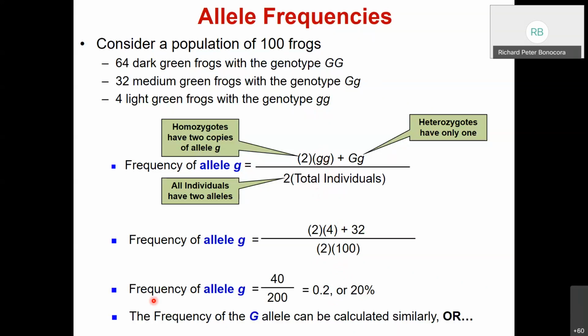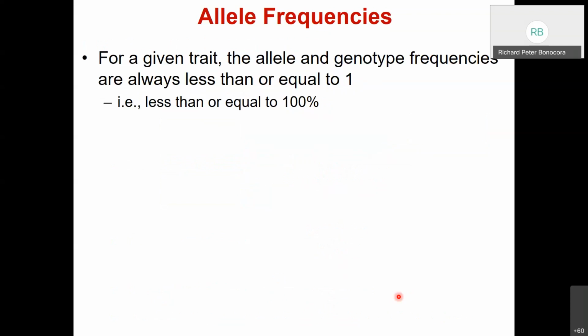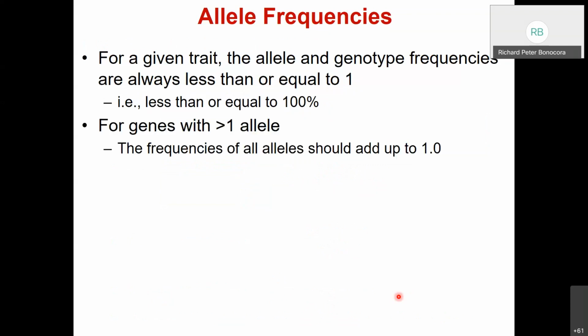Okay, so we can go through and do the same thing for the big G allele, in the very same fashion. Or it's much easier if we just know that for any given trait, the allele frequency is always going to be less than or equal to 1, because that represents 100%. Can't have more than 100% of your alleles being anything.